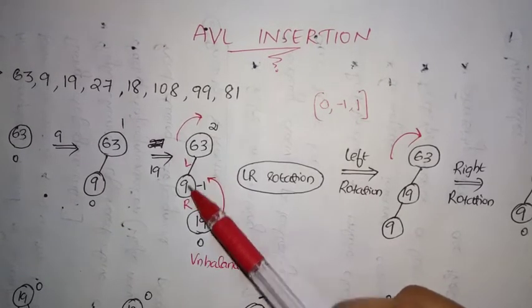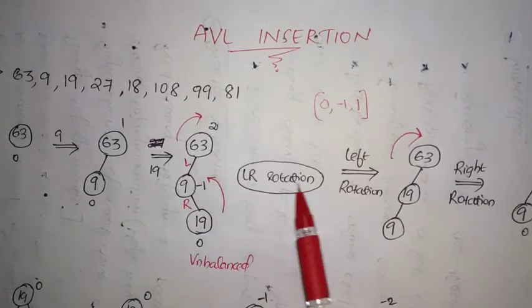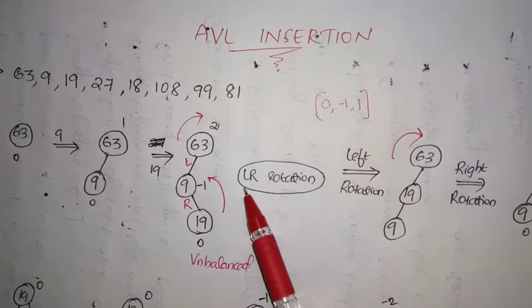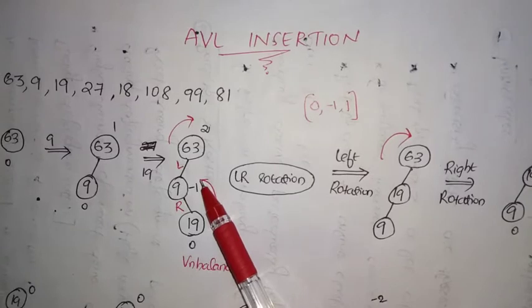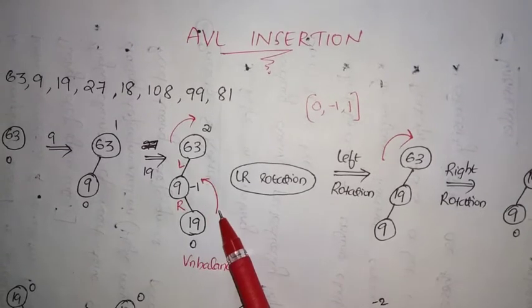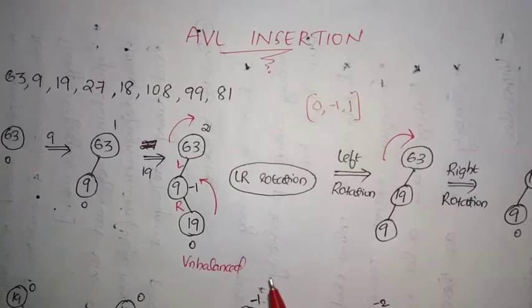In such a scenario, LR rotation needs to take place. In the LR rotation, first a left rotation is done, which is always in anti-clockwise direction, and after that a right rotation is done, which is in clockwise direction.